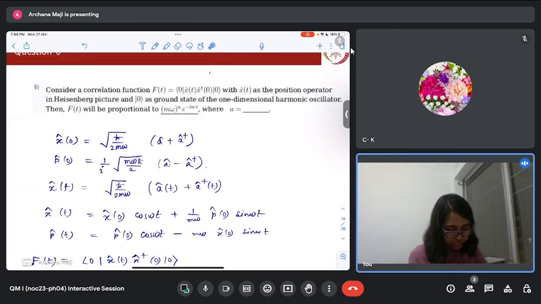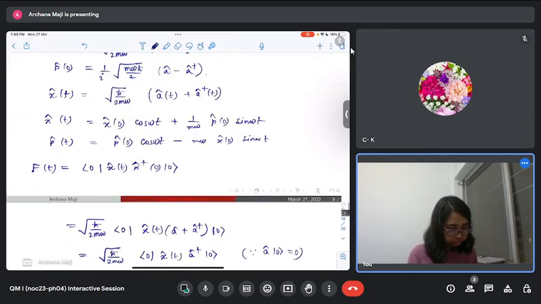So when you multiply x twice, you will get this coefficient 2 times, so that is basically h cross over 2m omega. The question is only asking what is m omega to the power a. So just by knowing the expression of x, you can say that A will be -1. But anyway, let's solve it.